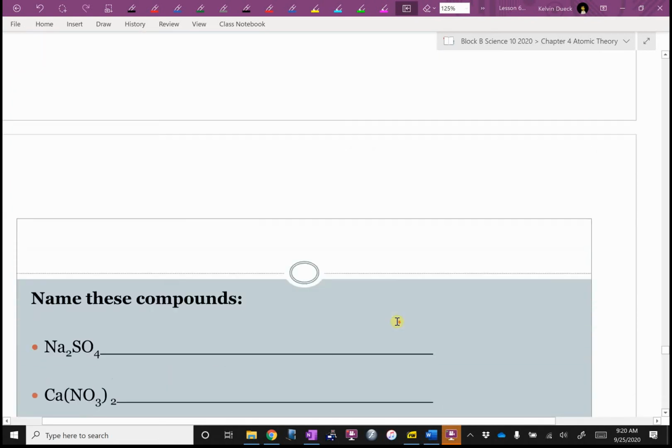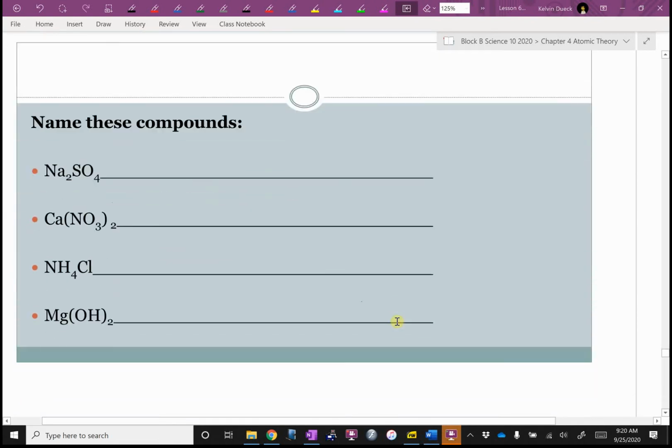So let's do one. Name these compounds. Okay, first part absolutely hasn't changed. I heard somebody say sodium. Let's write that down. Then, is there more than 2 capital letters? Look on the back page, you have SO4.